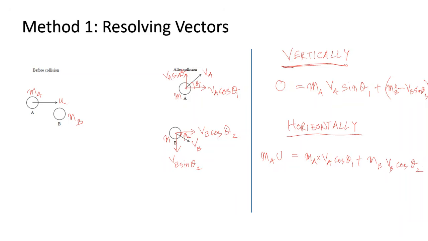There you go. One last suggestion. When you are doing this using vector resolving, always consider horizontal aspect or vertical aspect. Do not mix them up. So this is one way of solving these questions.